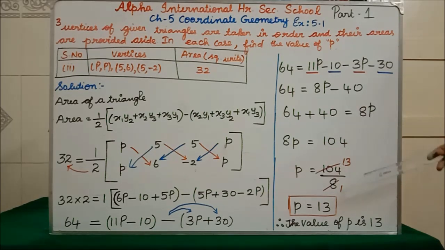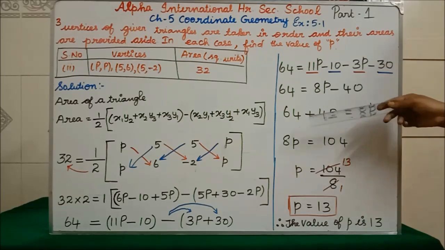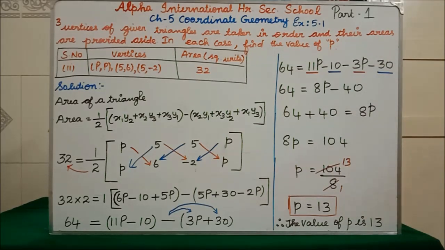The next step we are going to divide, p is equal to 104 divided by 8. Clear? In 8 table how many times will 104 come? 13 times. So p is equal to 13. Clear all of you?